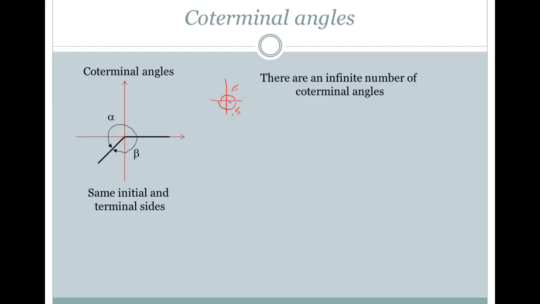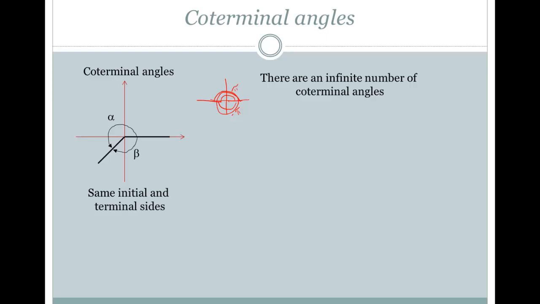My initial side is right here, my terminal side is right there. But I could also say that this is 3 pi, because there's pi, there's 2 pi, and then if I come back, that's 3 pi. So I can have an infinite number of coterminal angles.